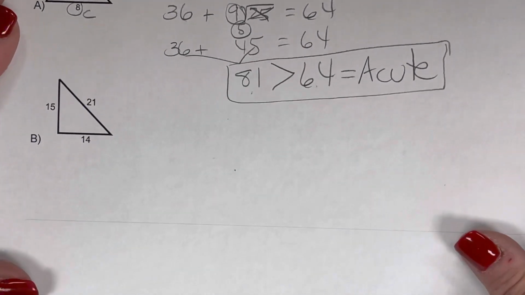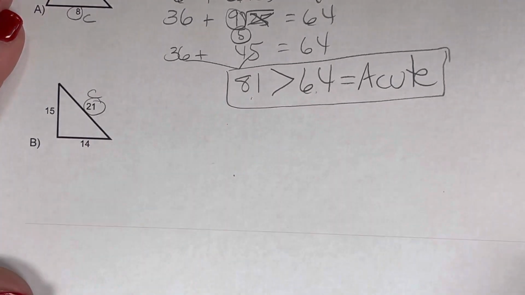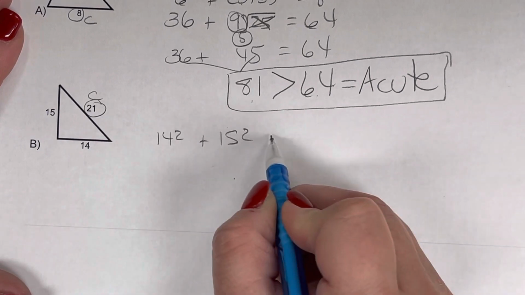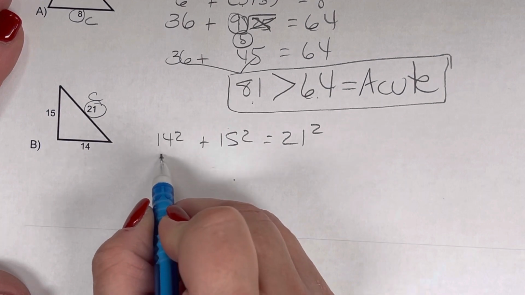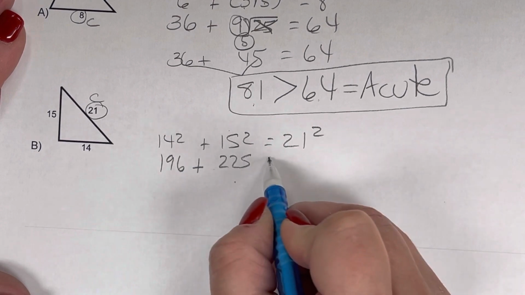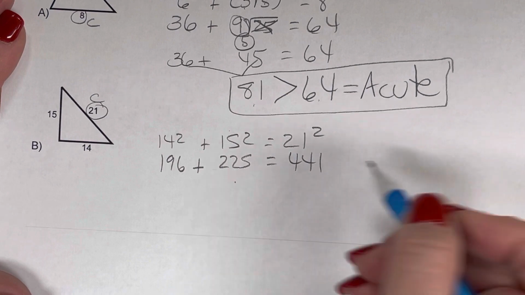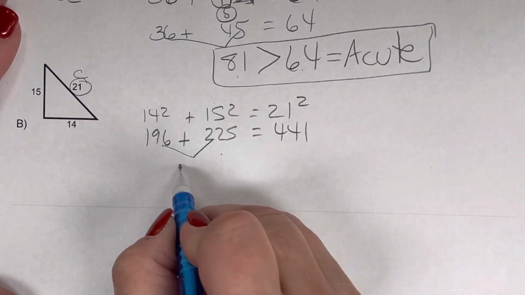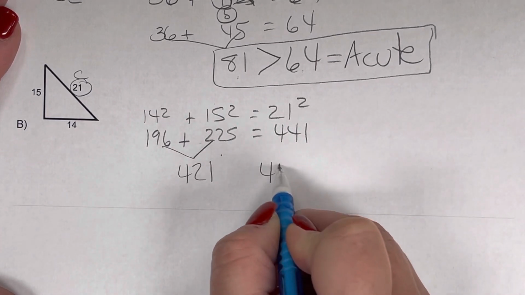All right, let's take a look at the next one. This one's a little bit easier because it doesn't have radicals, but you can tell this one would be your hypotenuse. So 14 squared plus 15 squared equals 21 squared. 14 squared is 196 plus 225 equals 21 squared is 441. 196 plus 225 is 421 and 441.